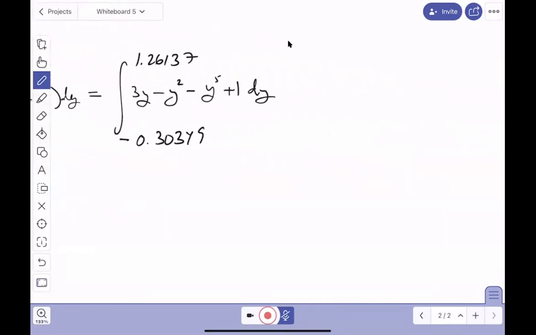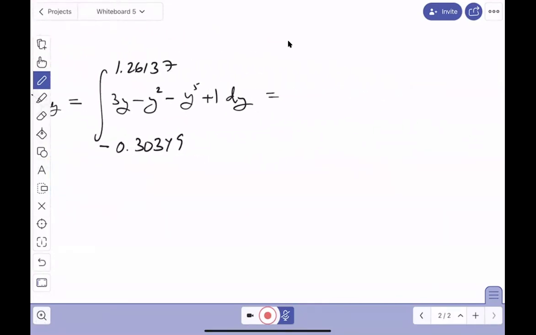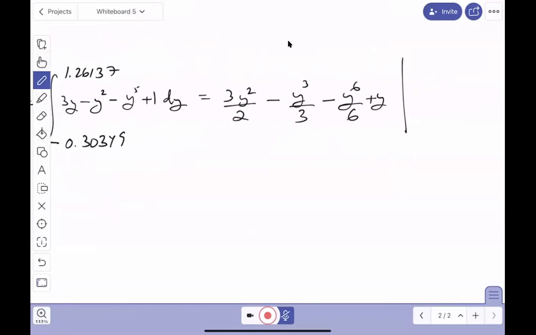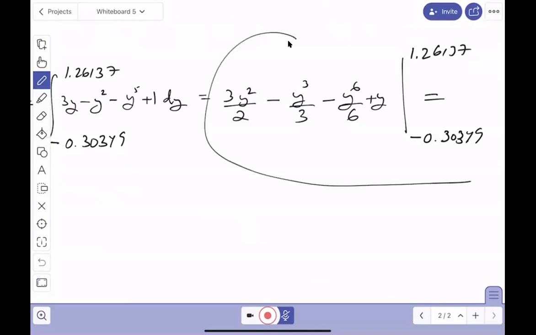If this is an exam question, all that I expect from you now is to write this down. I wouldn't expect any arithmetic though. The antiderivative is 3y squared over 2 minus y cubed over 3 minus y to the 6 over 6 plus y, with limits of integration, gee, don't lose those guys, from minus 0.30349 to an upper of 1.26137. I would not expect arithmetic from you on this.